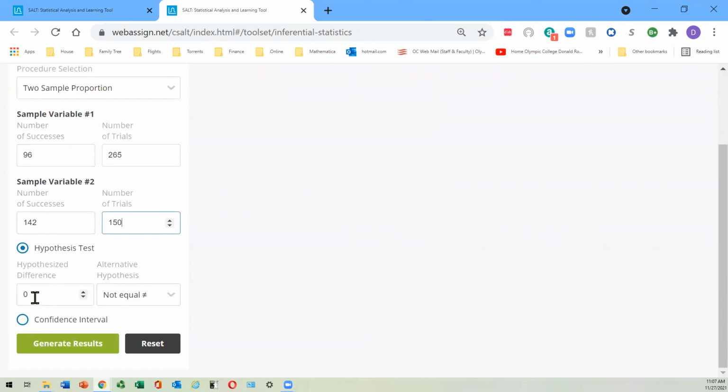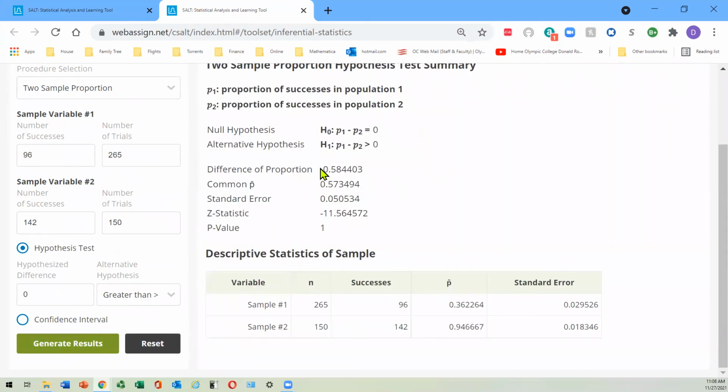And what are we looking at? I'm assuming we're looking at whether college students drink more, so that's going to be greater than. Okay, so we'll generate results, and the difference in proportion is extreme.